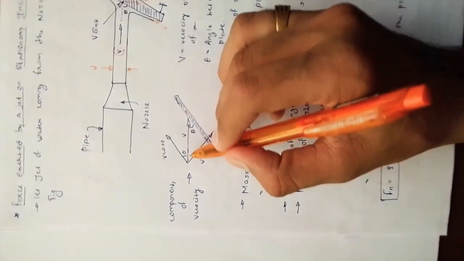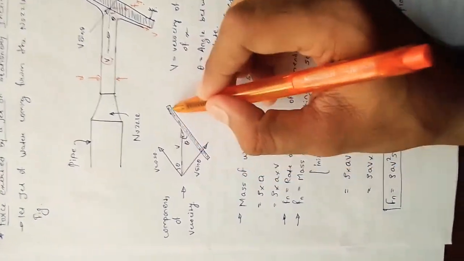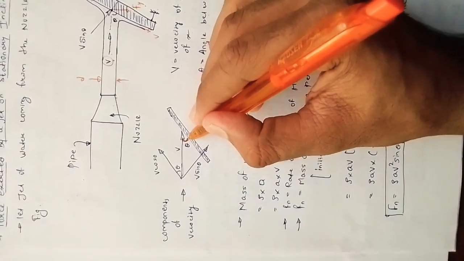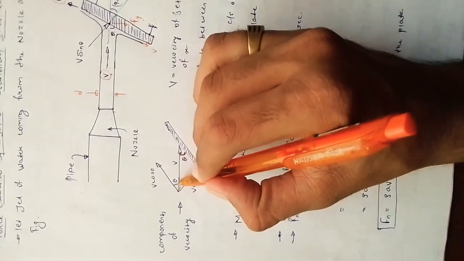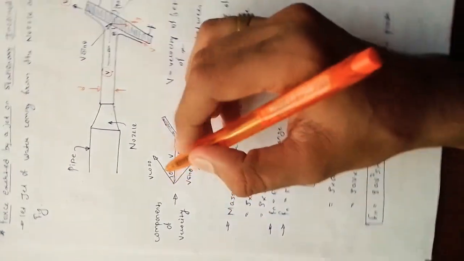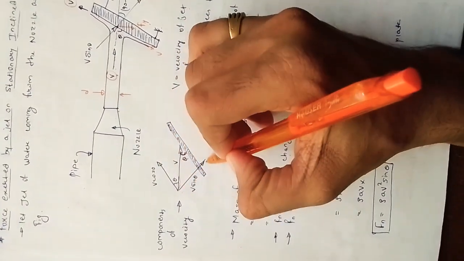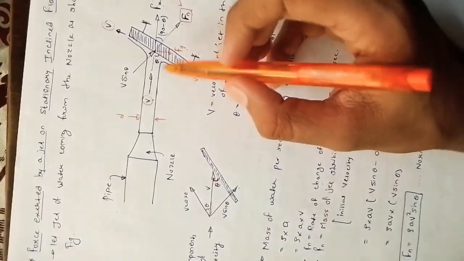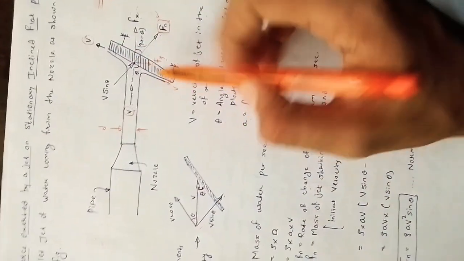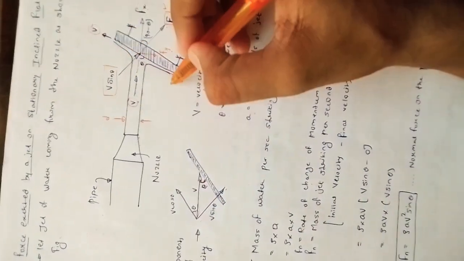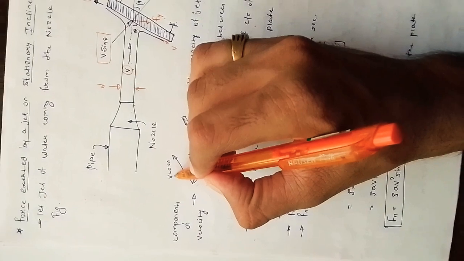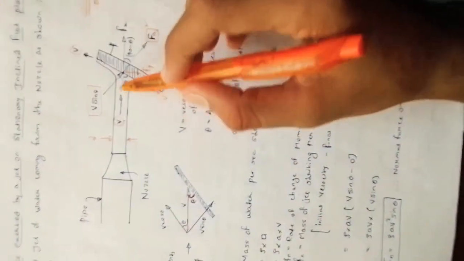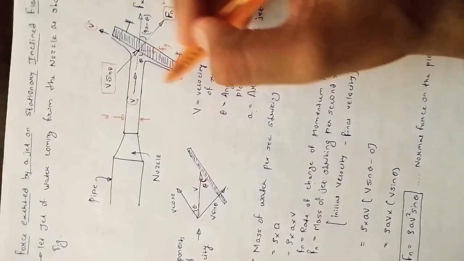This is the main velocity v, this is the plate, and this is the angle theta, and this theta and this theta are obviously the same. So this component will be v cos theta, and this component will be v sin theta. We can say that the velocity in the direction normal to the plate is v sin theta, and in the direction of the plate is v cos theta. We are simply making components of velocity perpendicular to the plate and along the plate.